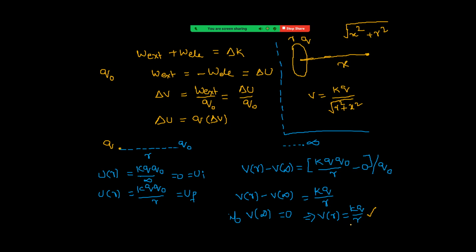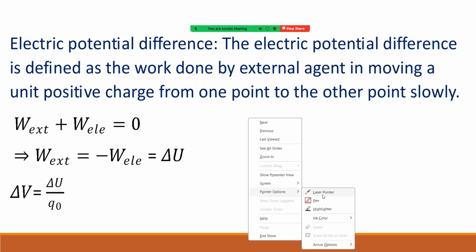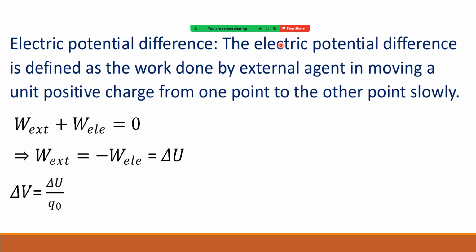Right? Okay. So this is now the definition part. Right? It is defined as work done by external agent in moving a unit positive charge from one point to the other point slowly. So it is delta U by Q naught.